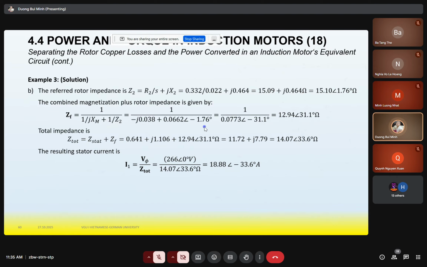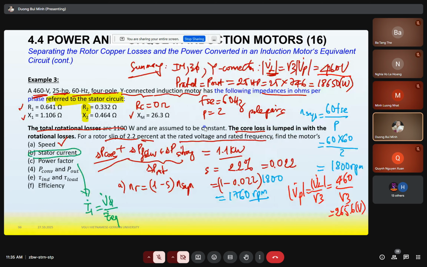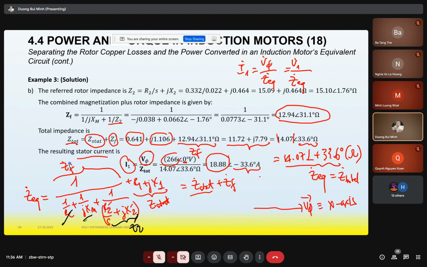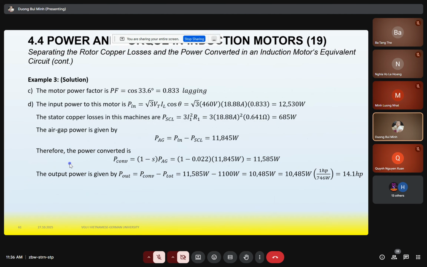So this is question C. We calculate power factor. Power factor is very easy, because power factor is the phase angle between V phase and I1. This is the stator power factor.